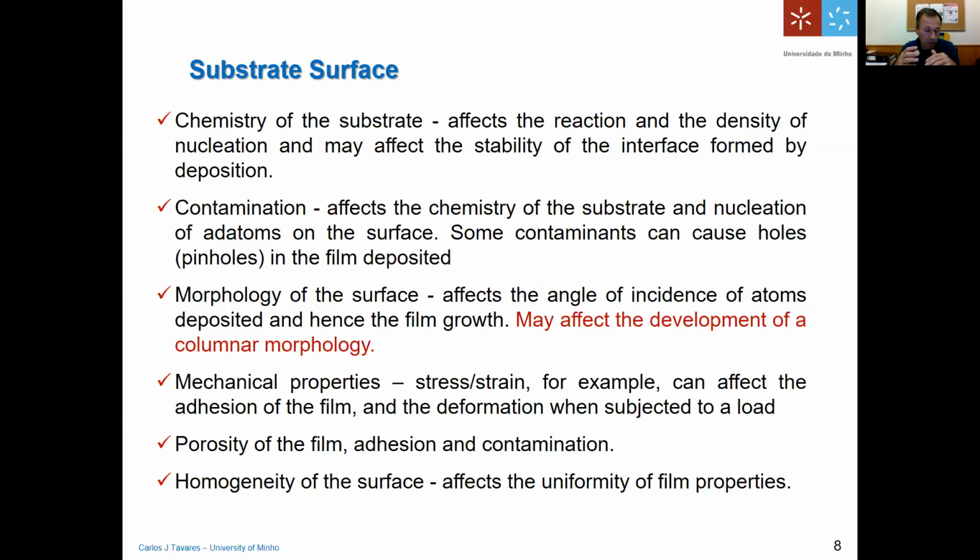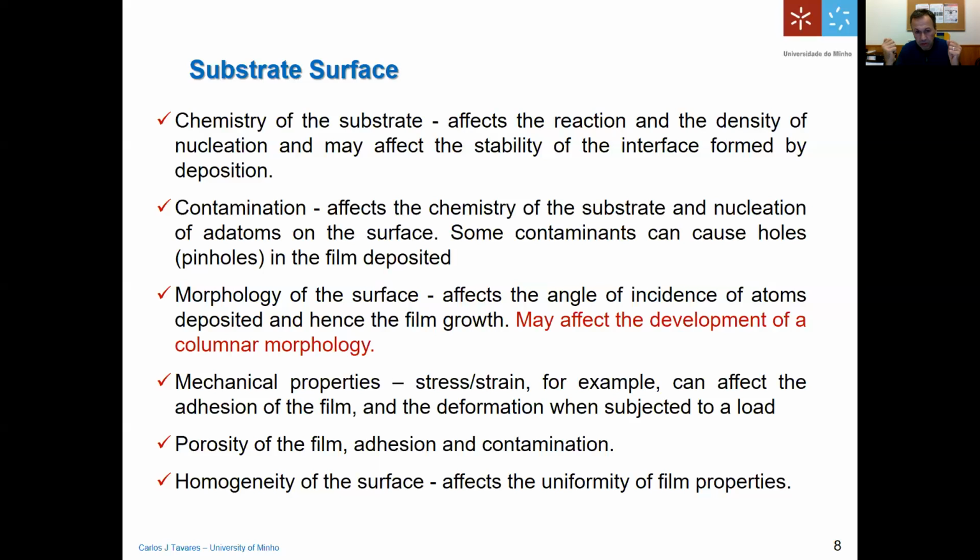Some properties like the porosity of the thin film, adhesion and contamination can also be connected to some properties of the substrate. For example, due to the fact that it's not very well cleaned, or the type of substrate can induce this kind of porosity. And of course, the homogeneity of the surface of the thin film will be very demanding.